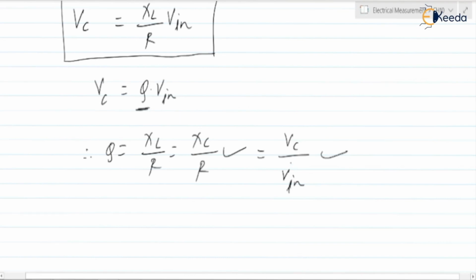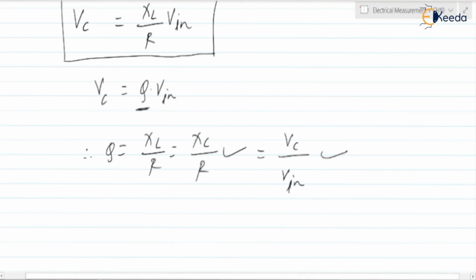Next, this Q factor whatever we have derived is nothing but the Q factor of the circuit. Be careful, this is not the Q factor of the coil. This is the Q factor of the circuit, because this measurement includes the distributed capacitance of the coil and also the shunt resistance RSH.